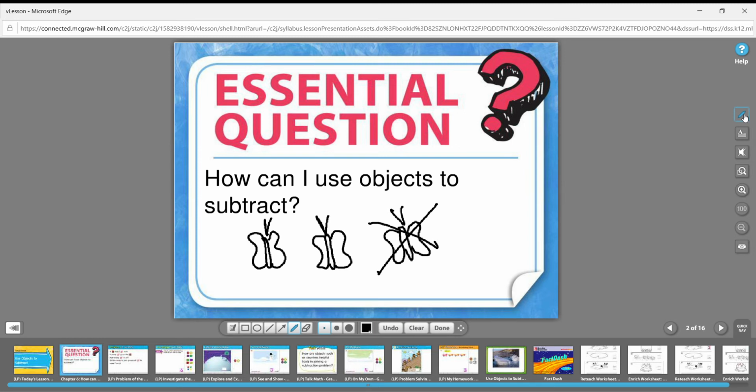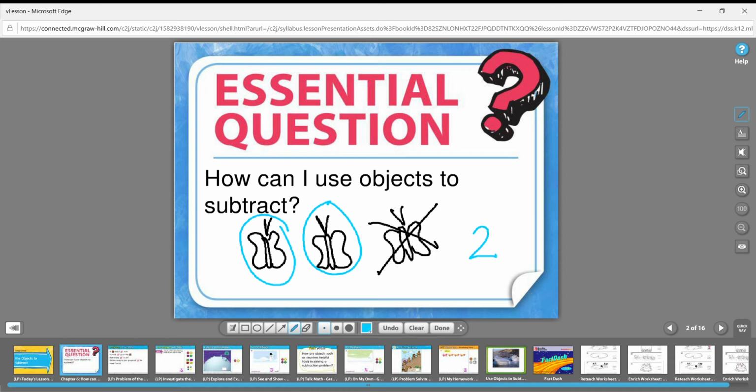Can you tell me that? If you look here, you'll see. Let's circle them. 1, 2. So the answer is 2. 2 butterflies are still on the bush. Okay, so that's a subtraction story. That's one way I can use objects, the butterflies are objects, to subtract.